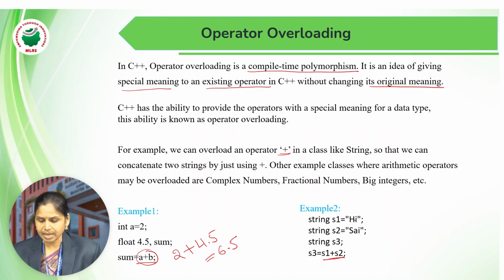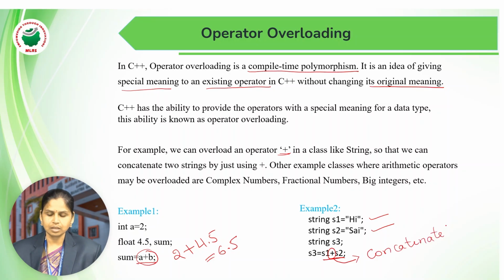The first string s1 is hi and the second string s2 is psi. So s3 equal to s1 plus s2, where plus is used to concatenate the two strings. The symbol is the same, but we are using the same plus symbol for different types of operations. Here we are adding two values. Here we are concatenating two strings.